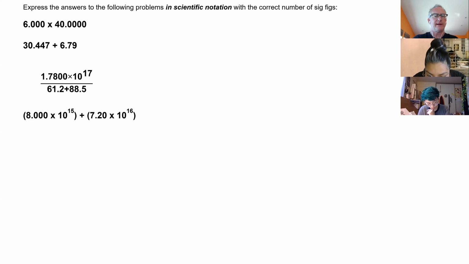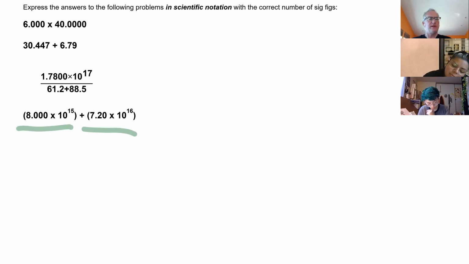So for the last one, how would we do that? Since we've got these two huge numbers, how do we change one of them to 10 to the 15 or 10 to the 16? We get them to the same order, so then we can deal with them. Should we make one bigger or one smaller?